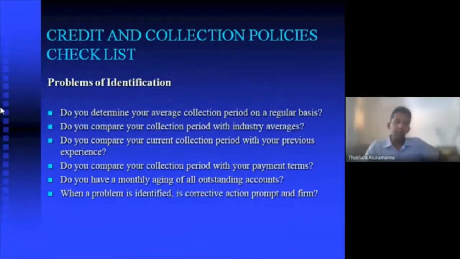When it comes to problem identification, we gave a checklist earlier, but at the follow-up stage you can check the collection period, average collection, current collection, and whether it matches your payment period, monthly agings of the borrowers. Once you have identified the problem, check whether the corrective action you have taken is concrete action or not.